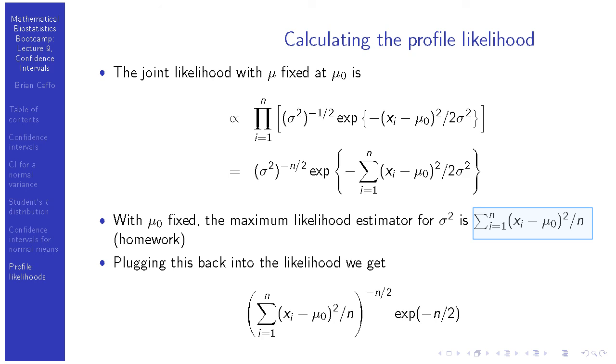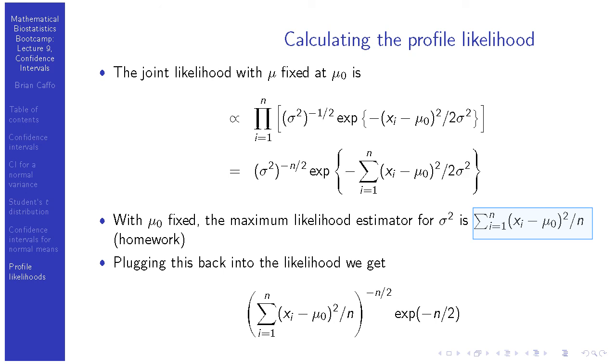So maybe just so you don't accidentally take the derivative with respect to sigma, replace sigma squared, say, by theta, so that you remember that you're treating sigma squared as the parameter, not sigma as the parameter. If you accidentally take derivatives with respect to sigma, you'll get the square root of this answer, of course. So then you wind up with a summation i equals 1 to n, (xi minus mu naught) squared divided by n.